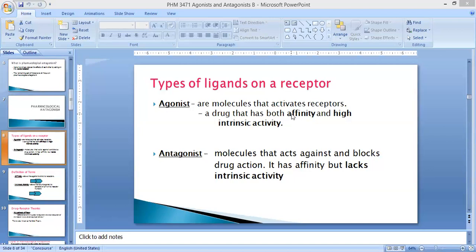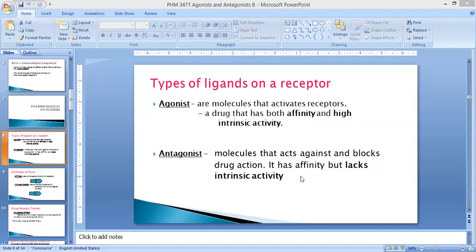Intrinsic activity is that this drug can bring about a response, like the drug can induce a response once it has bound to the receptor. But antagonists have just affinity, but no intrinsic activity.